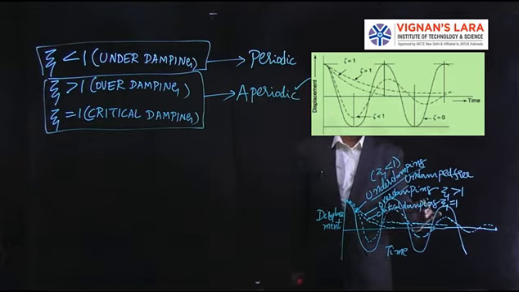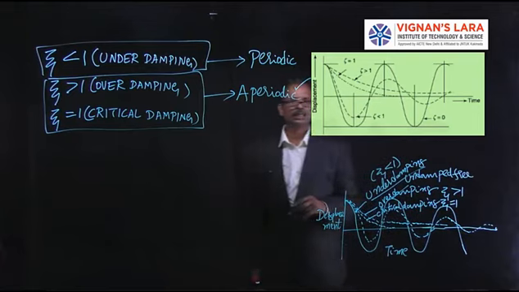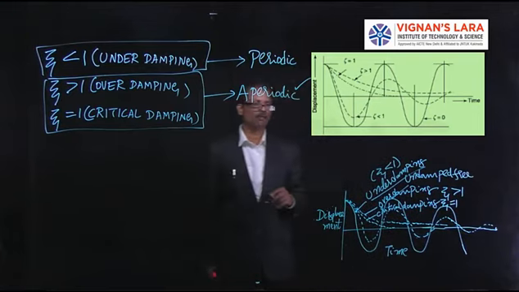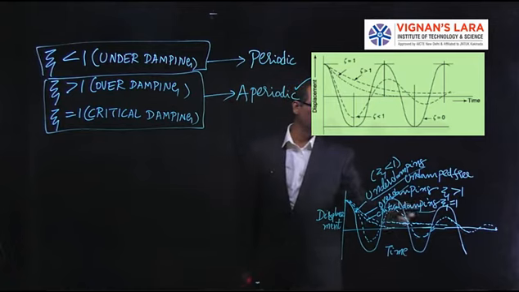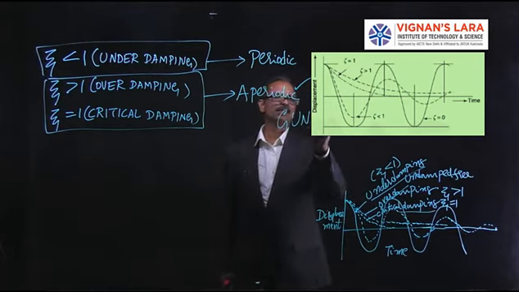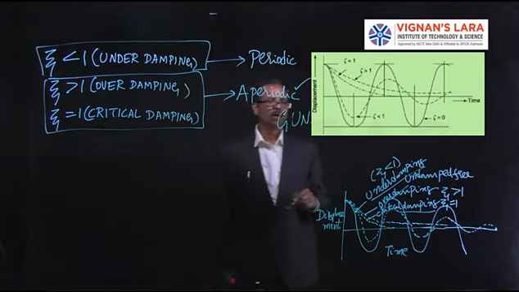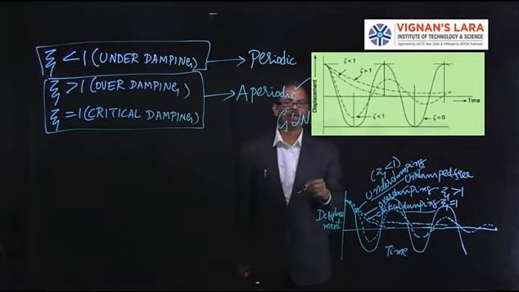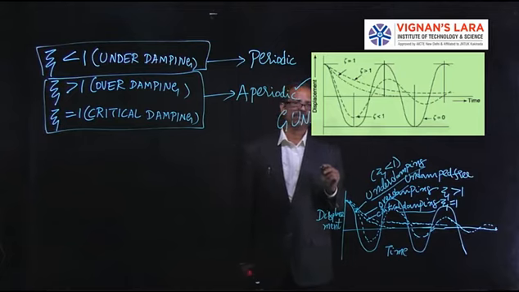A practical example where we use critical damping is gun barrels. When a bullet is released from the gun, the bullet goes forward, then the gun comes back.